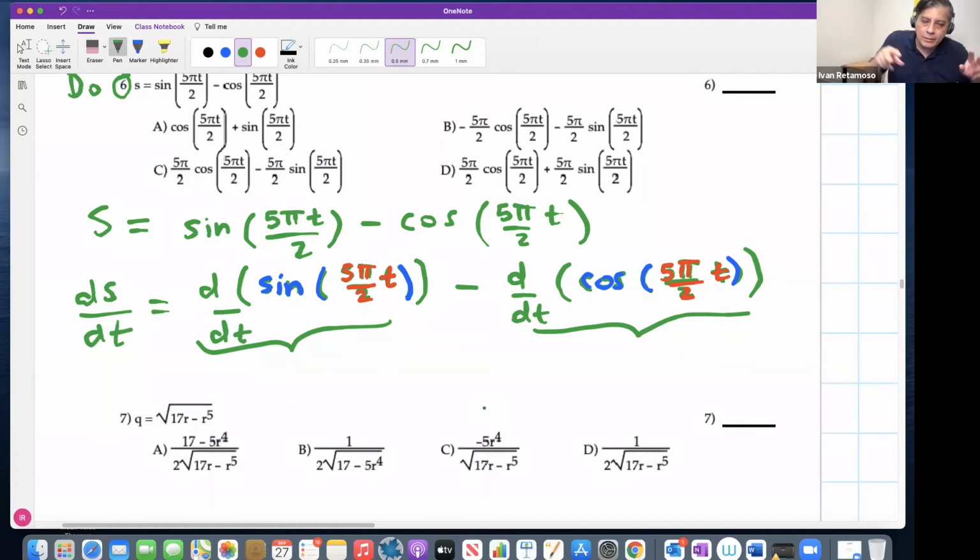Remember, the derivative of the outside function, keeping the inside function alone there by itself, and then times the derivative of the inside function, right? That's how the second form of the chain rule works. I see activity on the chat room, which is good.